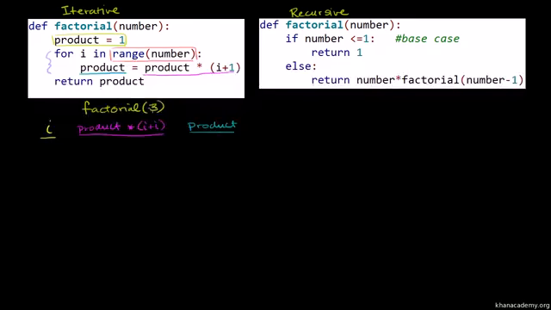So the argument that we pass to factorial is 3, and the variable number will refer to 3. When you call range of number, it will literally return a list 0, 1, 2. So 3 elements starting at 0. The last element is 3 minus 1.